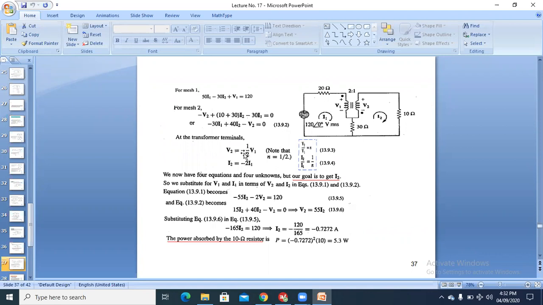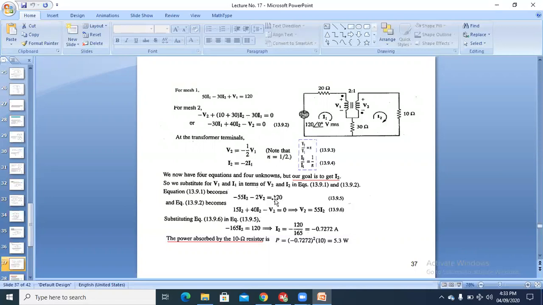So we have the negative turn ratio. So we substitute the values of V1 and I1 in terms of V2 and I2 in these two equations.